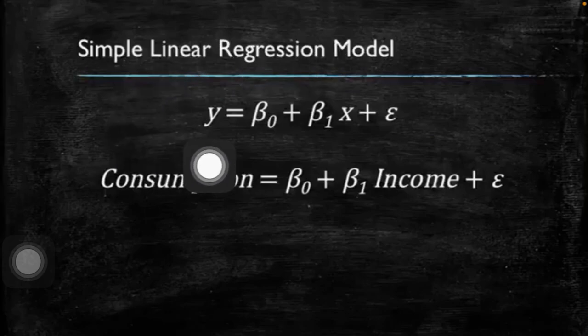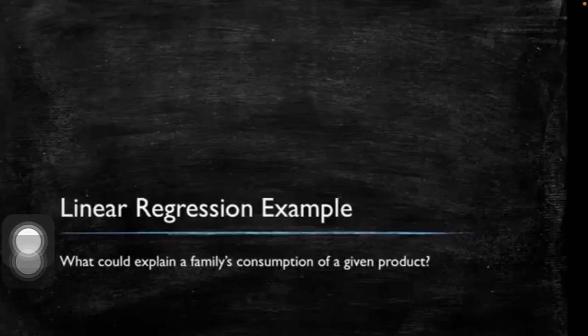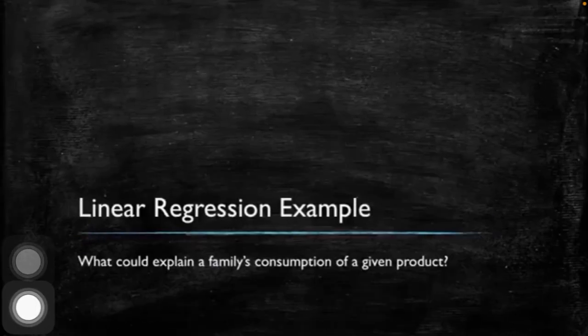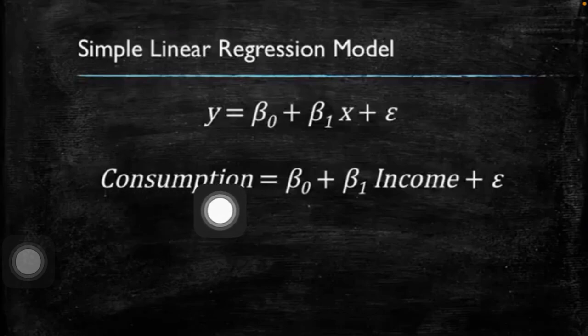By taking this simple linear regression model, I can interpret it according to this example: consumption equals beta naught plus beta 1 income plus e. So basically this is the relationship between income and consumption.